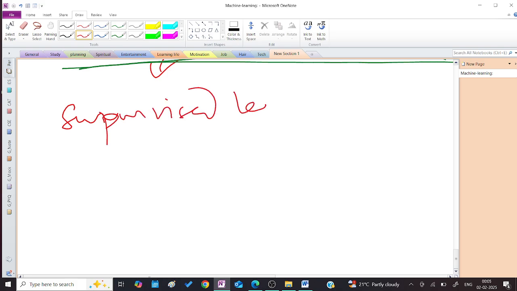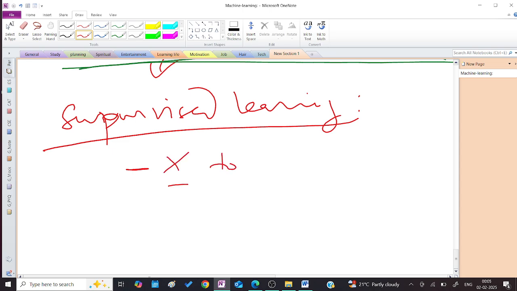Supervised learning. I have already said that our goal is to learn the mapping from X to Y, where Y belongs to 1, 2, up to C classes.